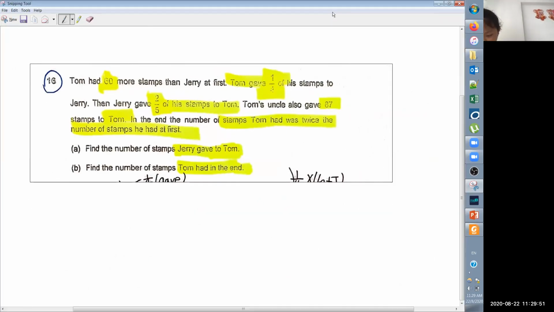Okay, so I think your branch method should be quite okay. So Jerry is J. So Tom is 60 plus Jerry. Tom gave 1/4 of his stamps to Jerry.